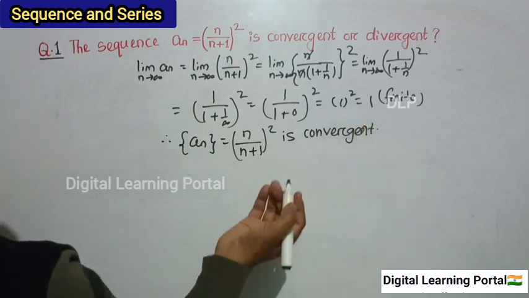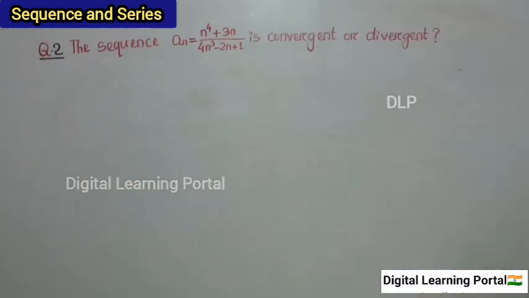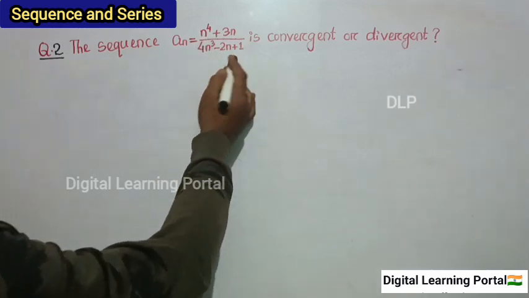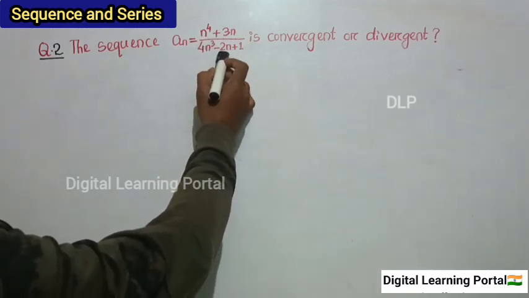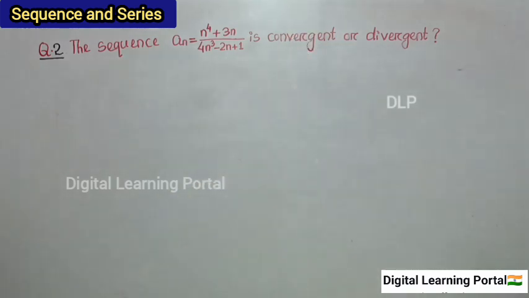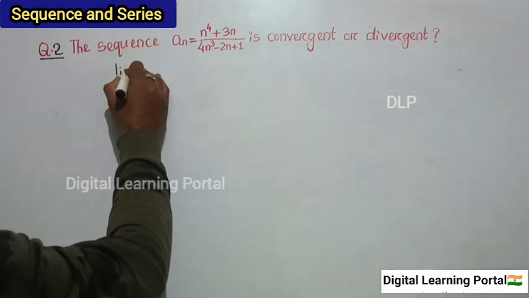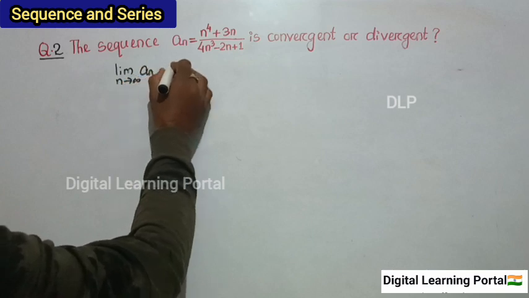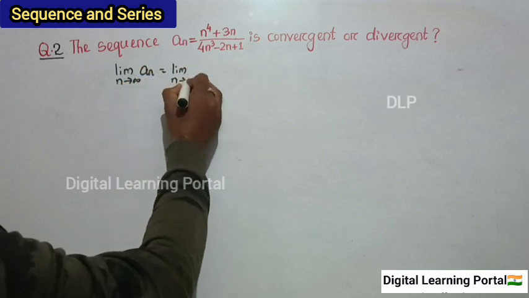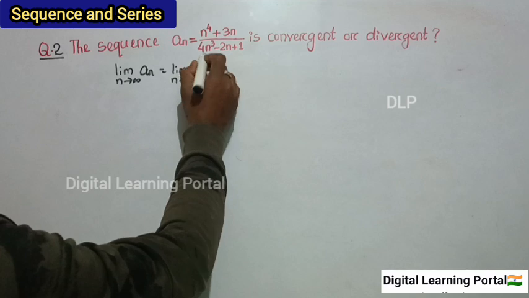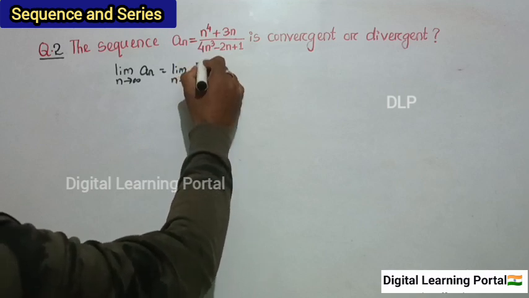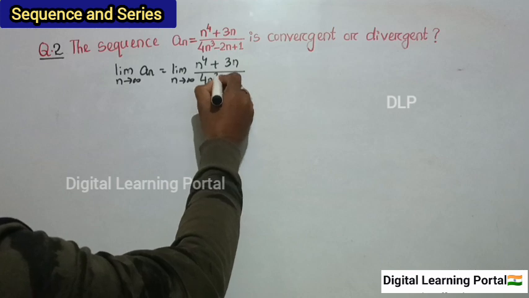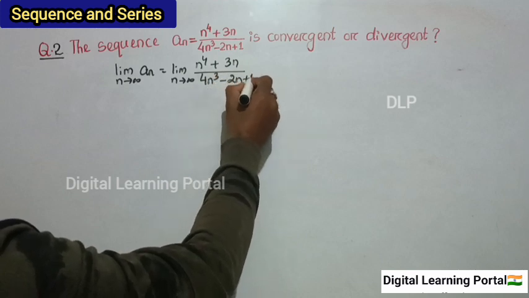Coming to the next question. Is the sequence a_n = (n^4 + 3n)/(4n^3 - 2n + 1) convergent or divergent? First, take the limit of the general term as n tends to infinity of (n^4 + 3n)/(4n^3 - 2n + 1).